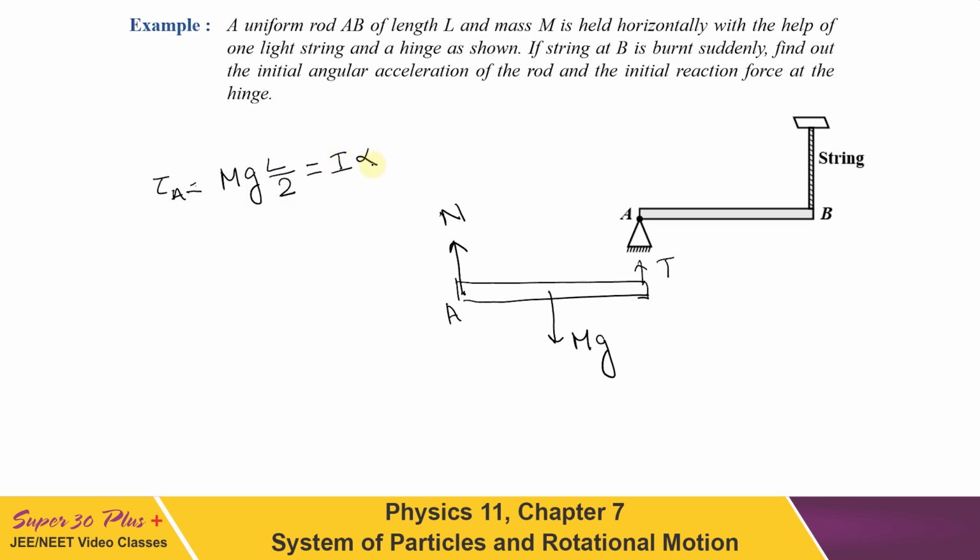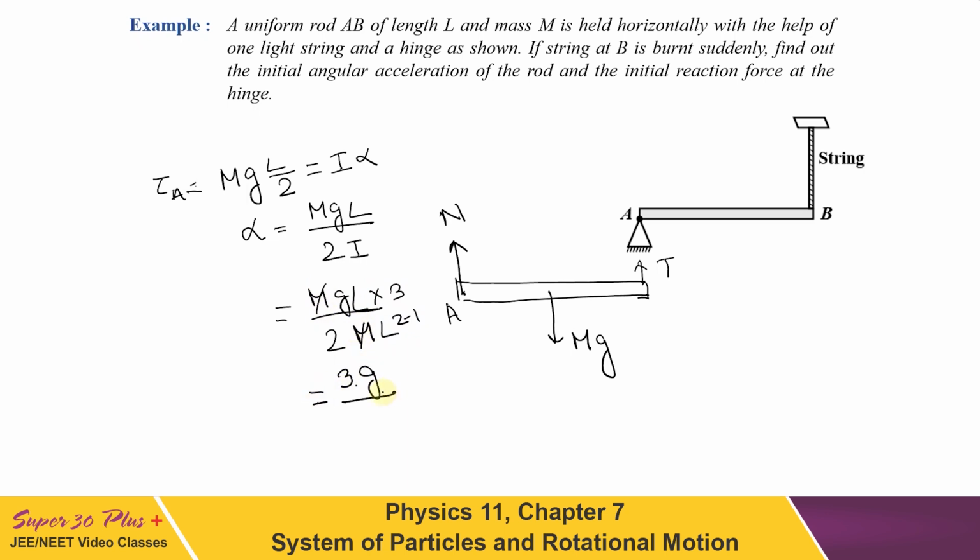From here we got the value of alpha as mg L by 2I. What is the value of moment of inertia about one of the ends? That will be ml square by 3. One L got cancelled, m got cancelled, and we got this value to be equal to 3g upon 2L. This is the angular acceleration for the rod.